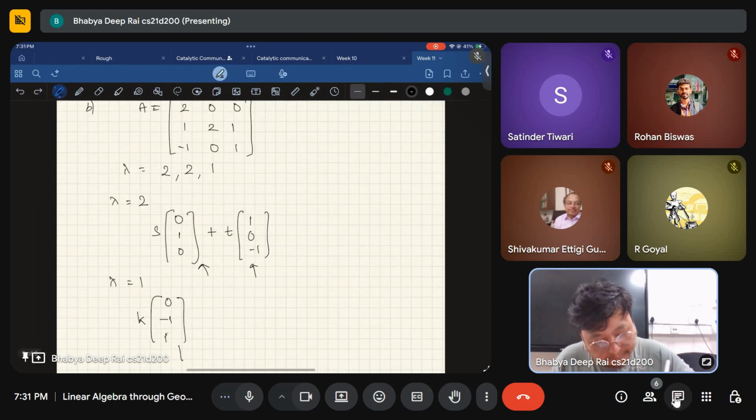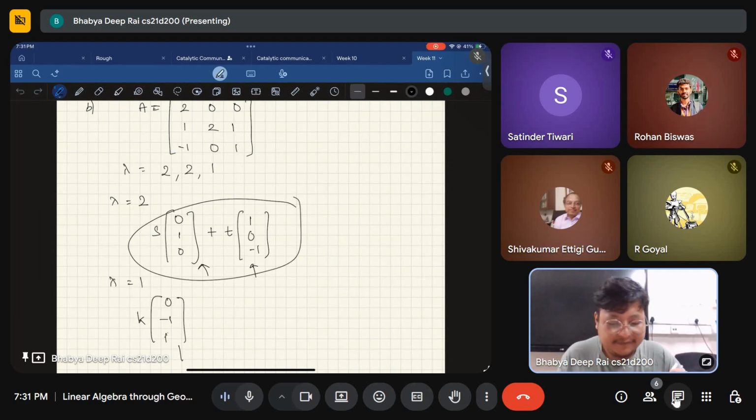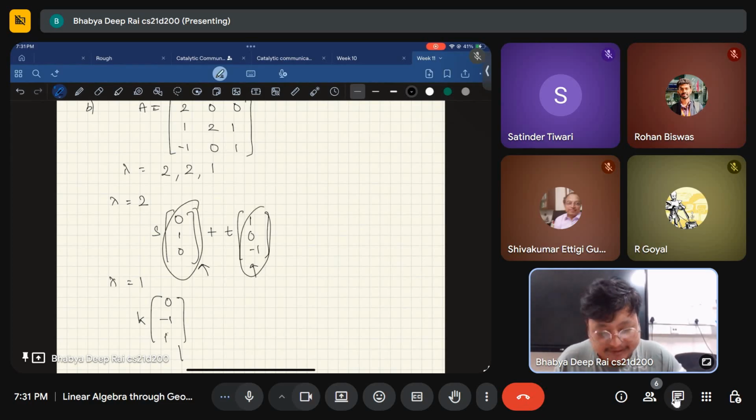Now notice that this is also a vector space, with these two as basis vectors. You can clearly see that these two are linearly independent.